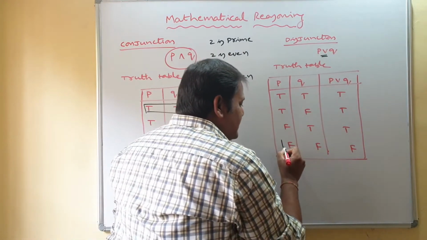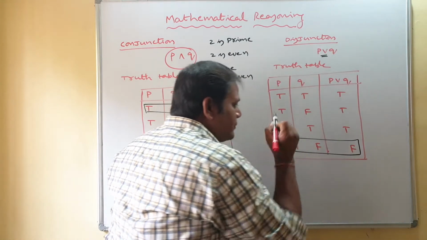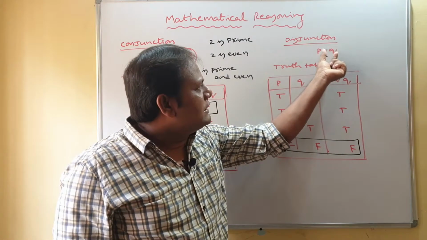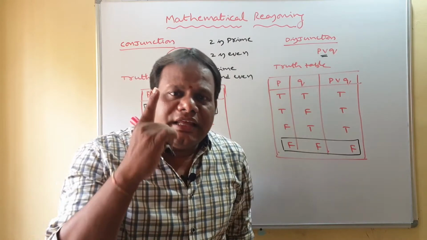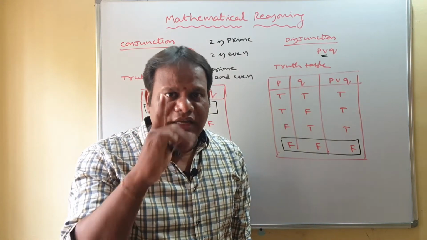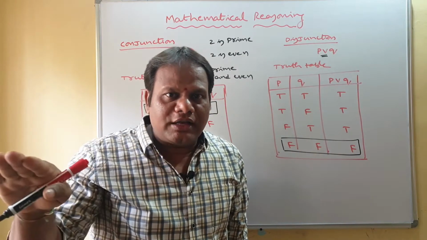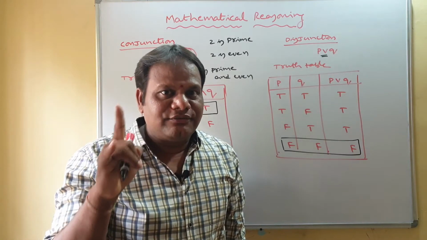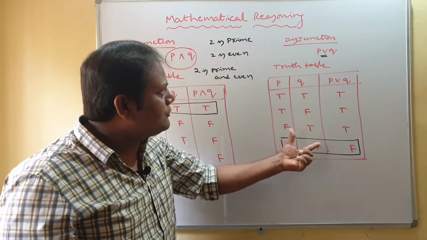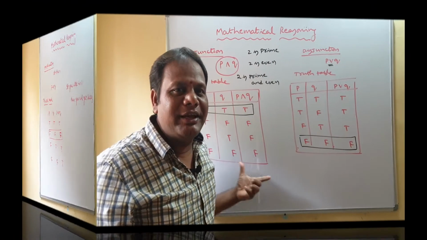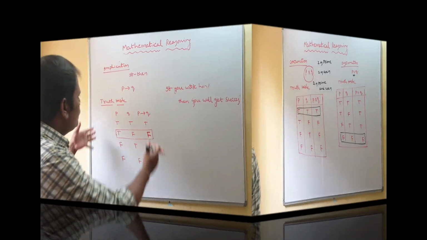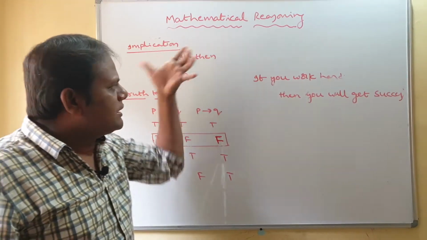So remember this line: for disjunction, if any one of them is true, that is true. If both are false, that is false. This is the truth table for disjunction. Make a note.